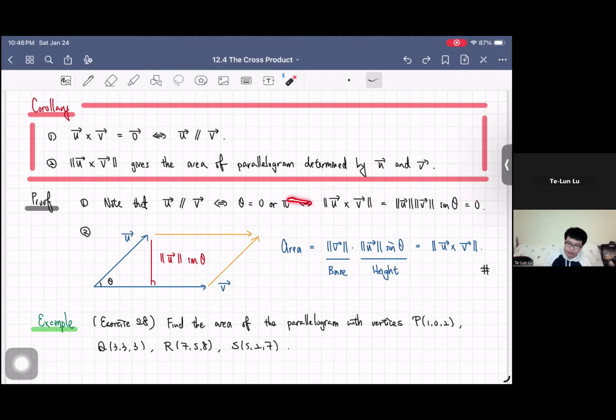And the same thing works backward, because whenever this guy is 0, that means sine theta is 0. But the only angles between 0 and pi, that is 0 and 180 degrees, such that sine theta is 0 are theta equals 0 or theta equals pi. So that means they're parallel.